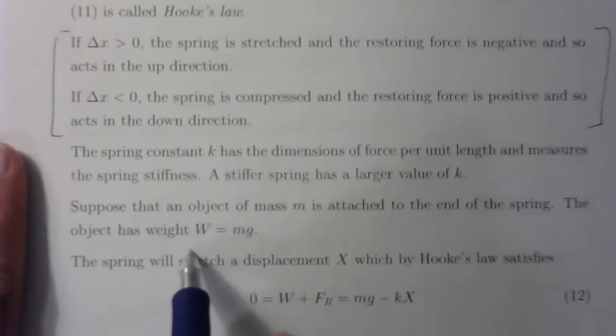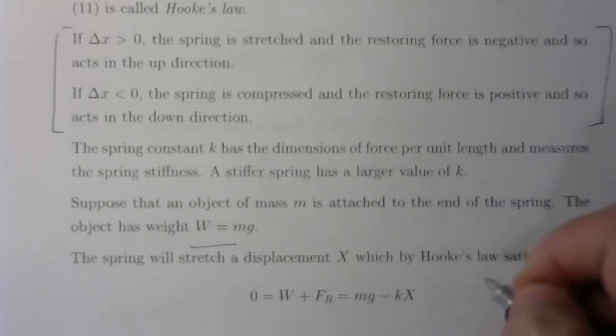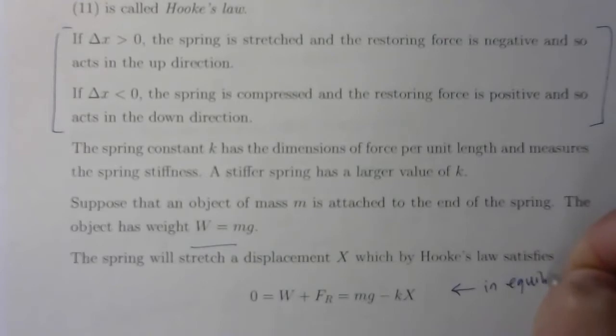So the mass has a certain weight, and when we put the mass on and the spring is still in equilibrium, we get some balance between the weight of the mass and the restoring force provided by the spring.